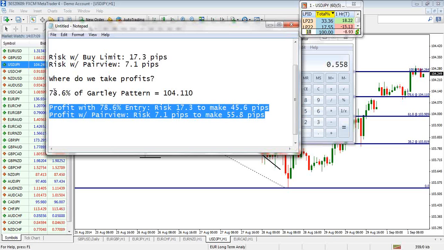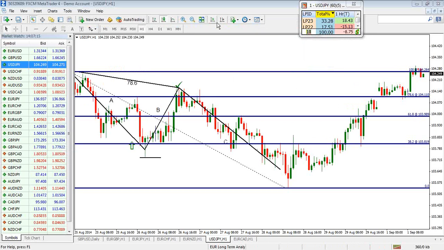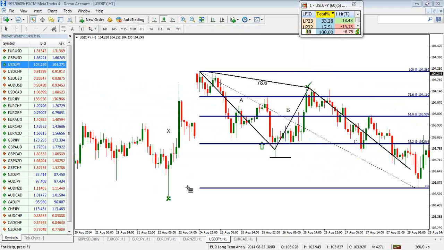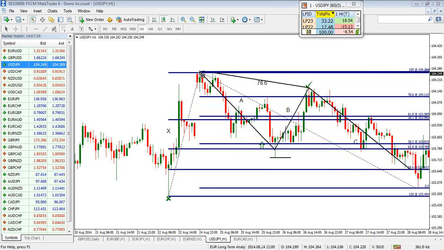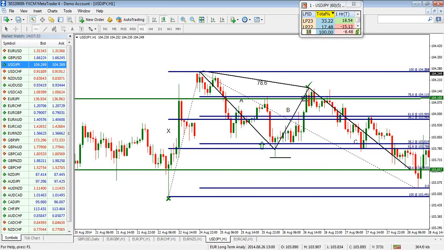Now, many of you are probably asking, why did you use the 78.6% of the Gartley pattern? What I like to do is I like to be a meat trader. What that means is, meat trading means this. Let me connect the low to the high to show you where all these retracements are. And let me draw some support and resistance levels at our 2 profit taking levels, so we don't have as much noise on here.